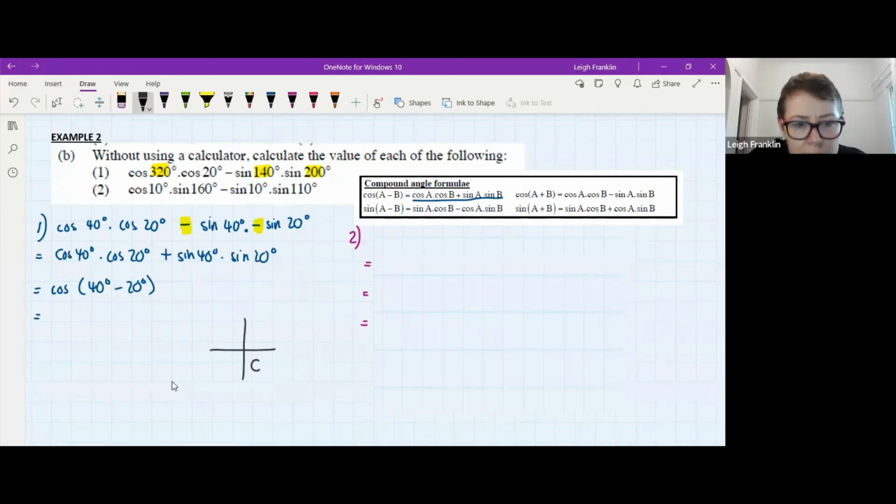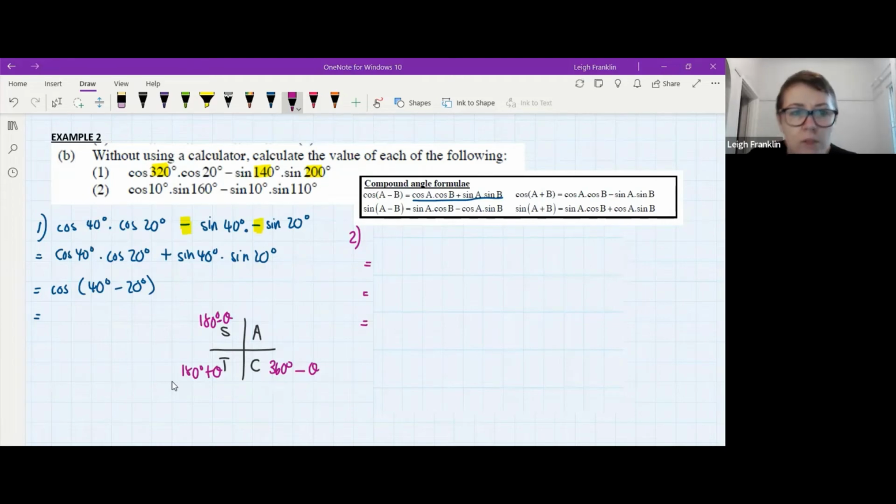Okay, so here, C-A-S-T. All right, so this quadrant over here is 360 minus. This one is 180 plus. This one is 180 minus.